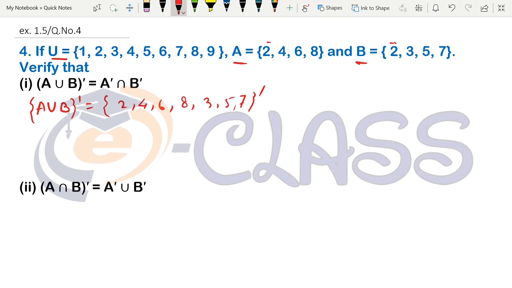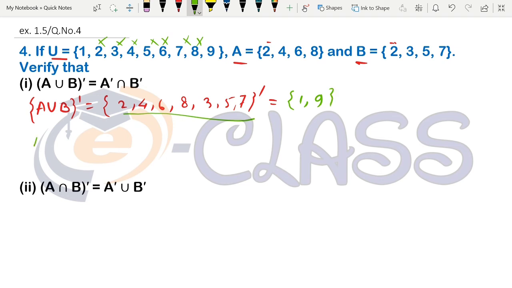To find A union B complement, just ignore these elements of A union B: 2, 4, 6, 8, 3, 5, 7. So the complement of A union B contains only 1 and 9.